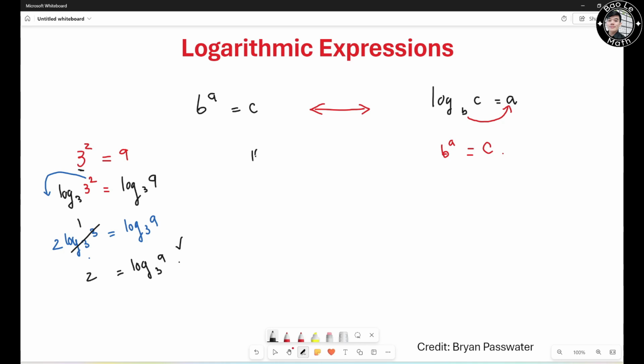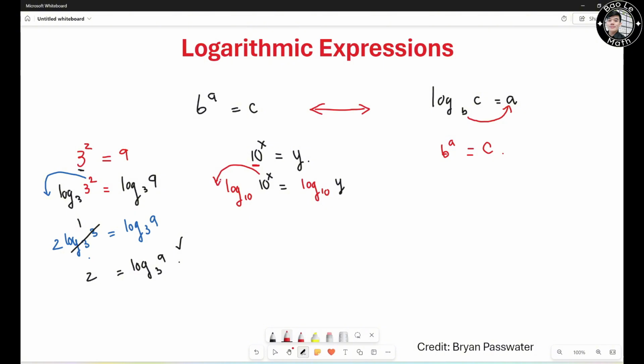For example, if I have 10 to the s equal to y. Now I look at this one, I see the base 10, right? So I'm going to take log base 10 of both sides. So I have log base 10 of 10 to the s equals log base 10 of y, right? Now s right here, I just bring to the front.